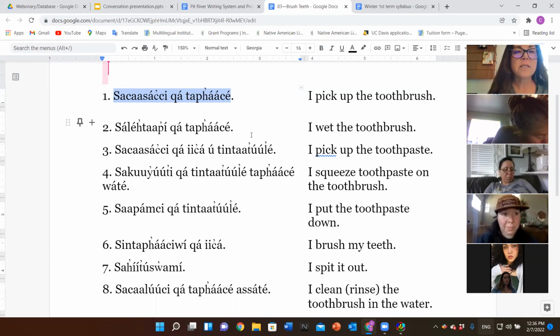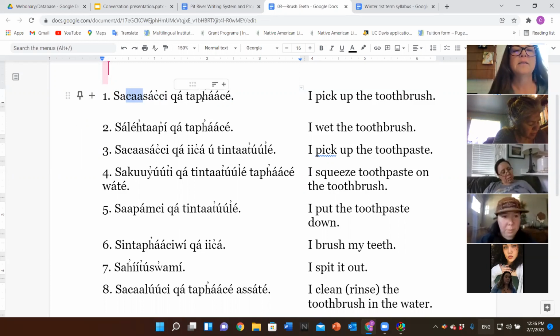Close. So saja. Remember, this is ja. Saja satji ga. Dap. This is a separate Dap.